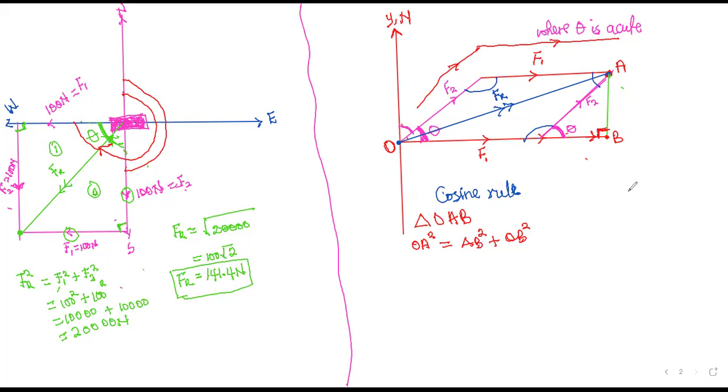Now, please watch closely. I'm extracting, okay, let me also label this particular point and call it C. I want to extract a smaller right angle triangle from the bigger one.